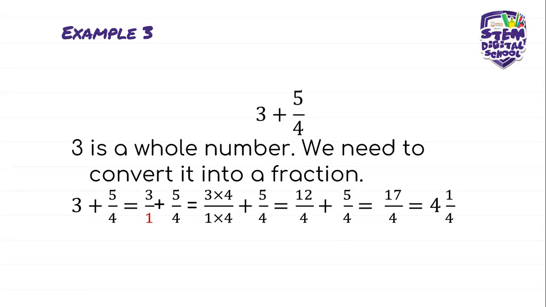And the denominator in this case is 4. Now that we have the denominator, all that you need to do is just to add the numerators. So 12 plus 5 will give you 17. And the denominator, which is common, is 4. So our answer is 17 over 4. That is our answer there.